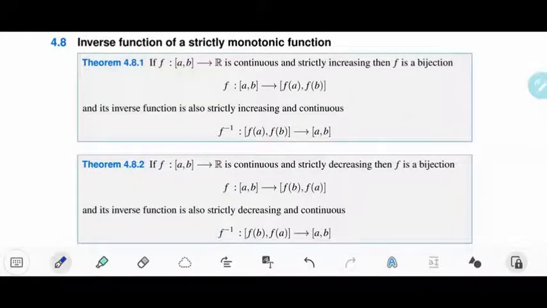And to finish, we define the inverse function of a strictly monotonic function. So if you have a function f defined from AB into R, continuous and strictly increasing, then f is a bijection, of course, that goes from AB into [f of A, f of B]. So f of A in here is the minimum, f of B is the maximum, or the infimum and the supremum. Then we can define an inverse function that is also strictly increasing and continuous, and that goes from [f of A, f of B] into AB.